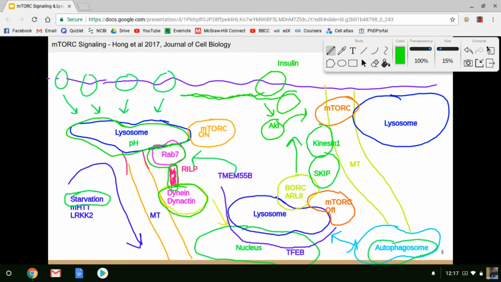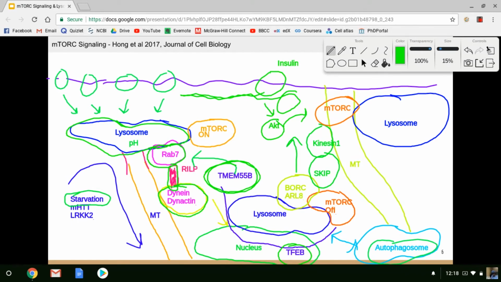And this triggers the retrograde transport of lysosomes. When lysosomes are at the nucleus, mTORC is typically turned off because it's been dragged away from its growth factor signaling. And this releases TFEB. TFEB can enter the nucleus and upregulate things like TMEM55. TMEM55 promotes more retrograde movement of lysosomes.